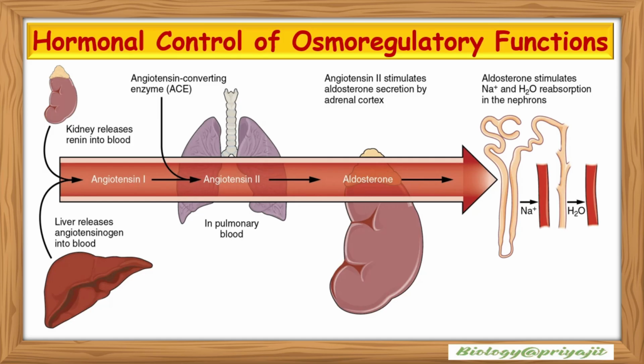We will learn how hormones like antidiuretic hormone or ADH, aldosterone, and ANF, atrial natriuretic factor, work together to regulate fluid balance, blood pressure, and electrolyte levels. By the end of this class, you will understand how these hormones act as the body's internal water managers, ensuring stability and homeostasis under all conditions.